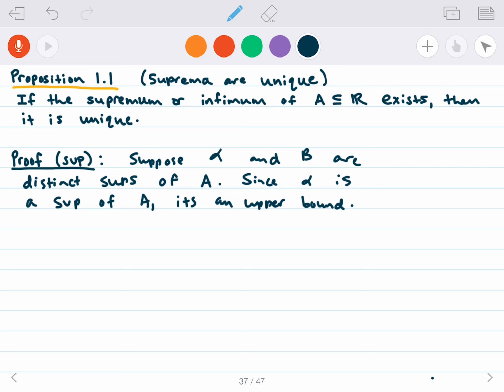And since we assume that beta was a supremum, since beta is a supremum of A, then all upper bounds of A are going to be less than or equal to beta. In particular, alpha will. Okay, so alpha is an upper bound, beta is the supremum, so beta is going to be less than or equal to alpha.